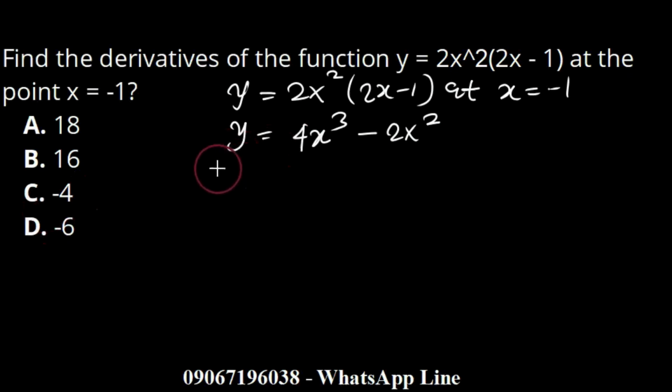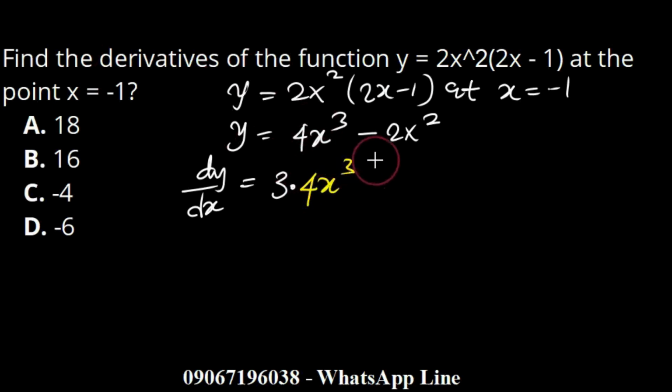So dy over dx of this, if we differentiate this, is going to become 3 times 4x to the power 3 minus 1, and then minus 2 times 2x to the power 2 minus 1.